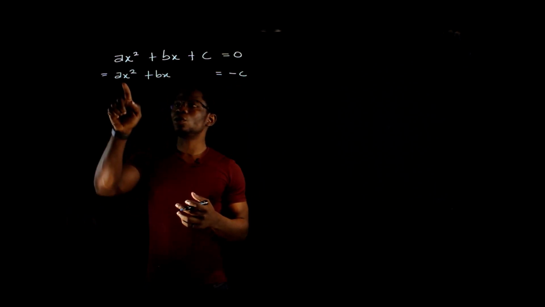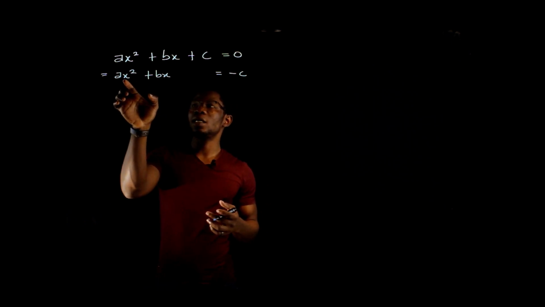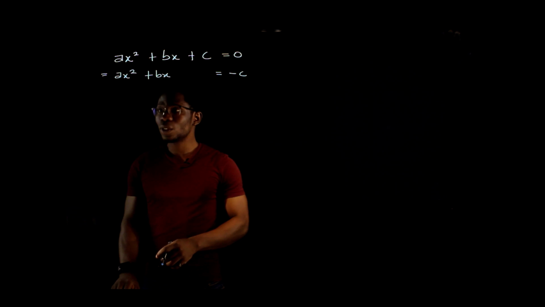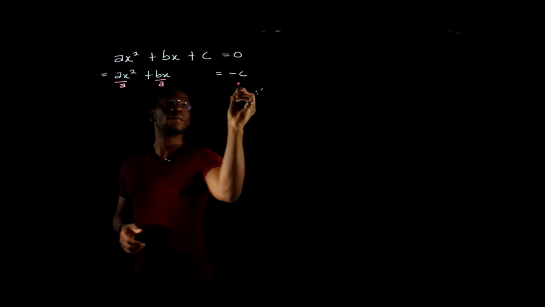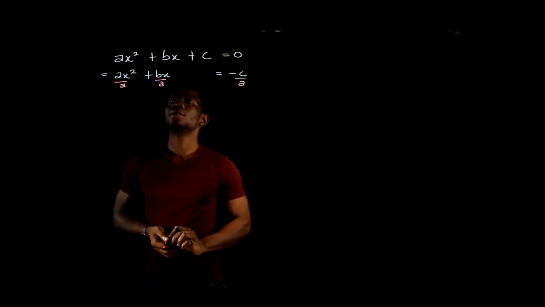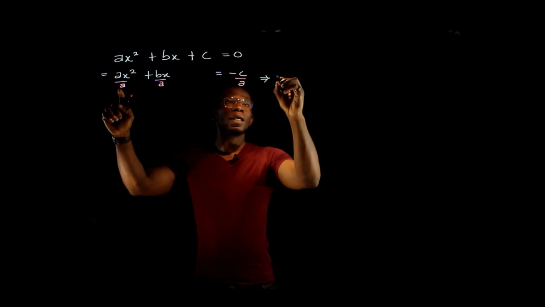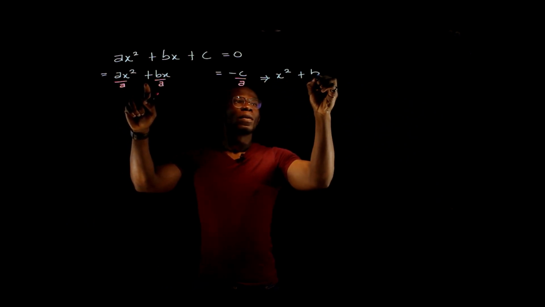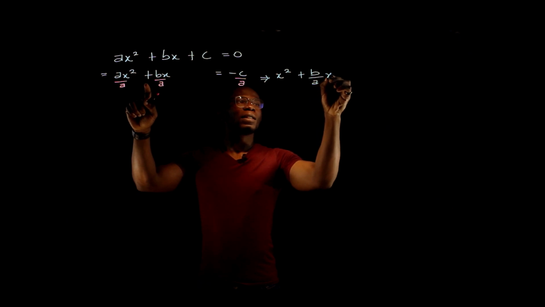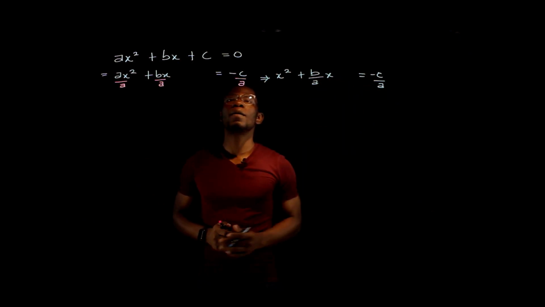And then the next thing we do is to make sure that the coefficient of x squared is equal to 1, and we do that by dividing through by a. So our equation then becomes x squared plus b over a x equals minus c over a.